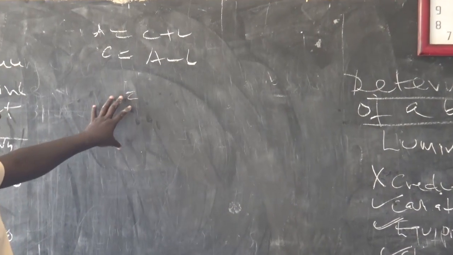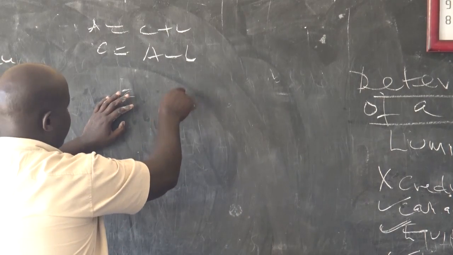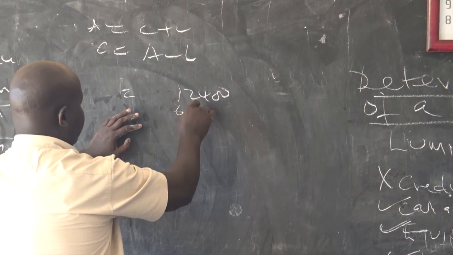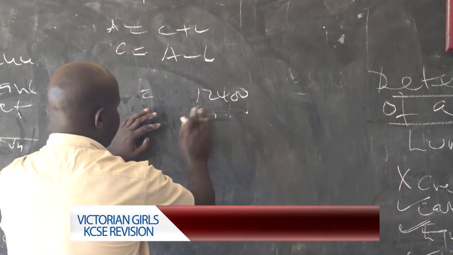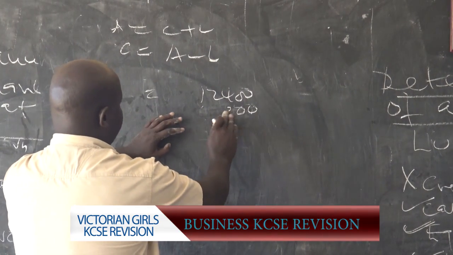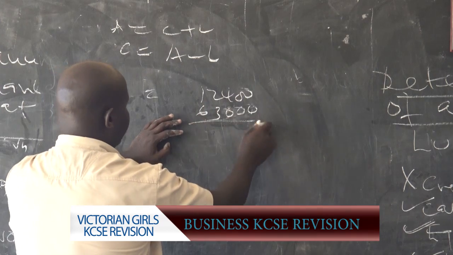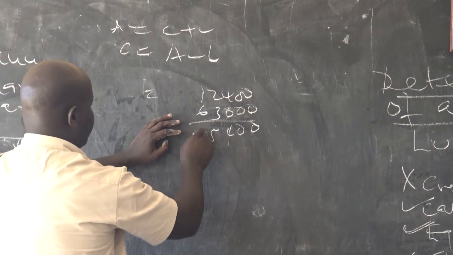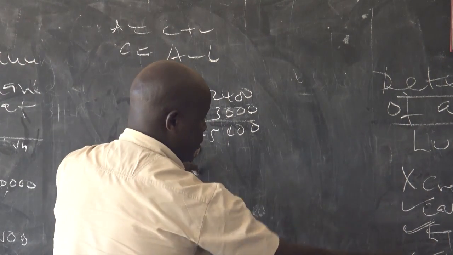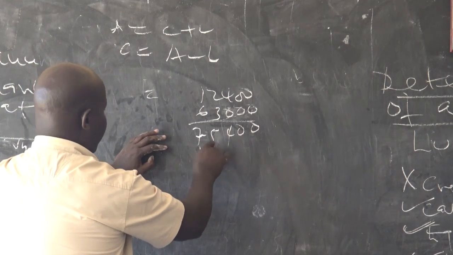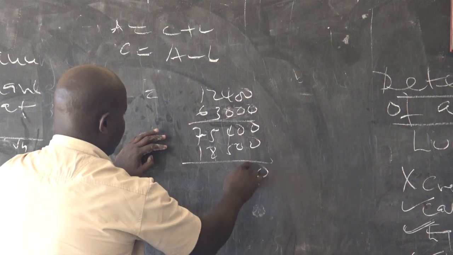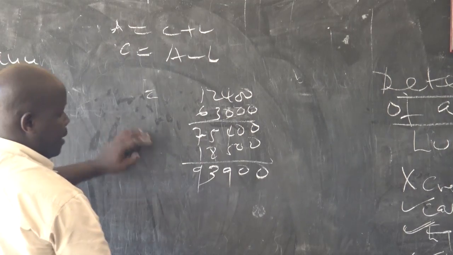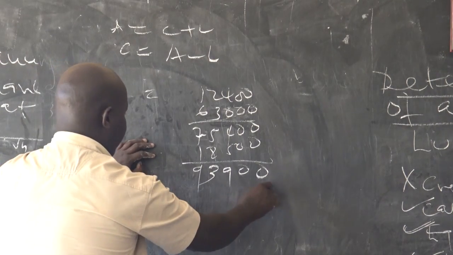So let's start. We add 12,400 plus 63,400. Then we add 18,500. Then we still have 11,600.